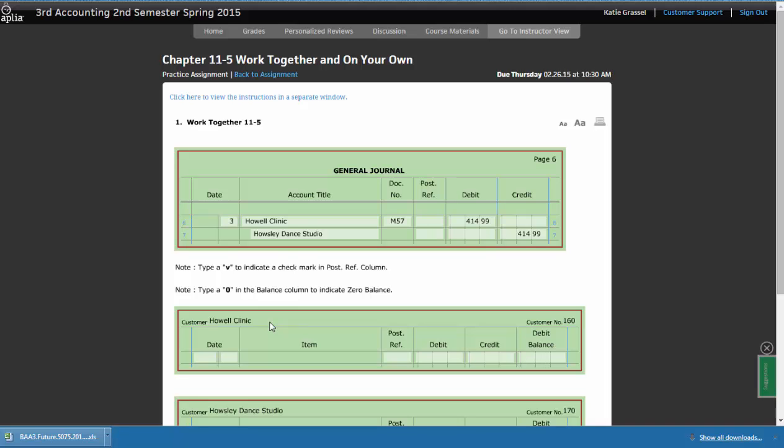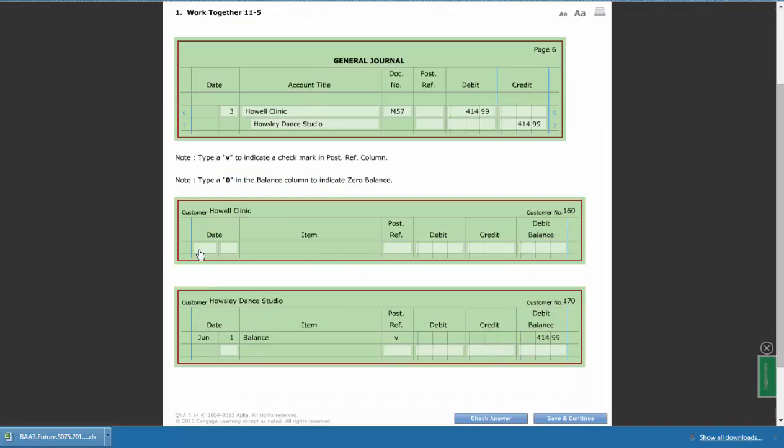Okay, so now we need to post. I'm going to post to Howell Clinic. The date is going to be June 3rd. Post reference is going to be G6. Then I'm going to do the same thing for Housley.